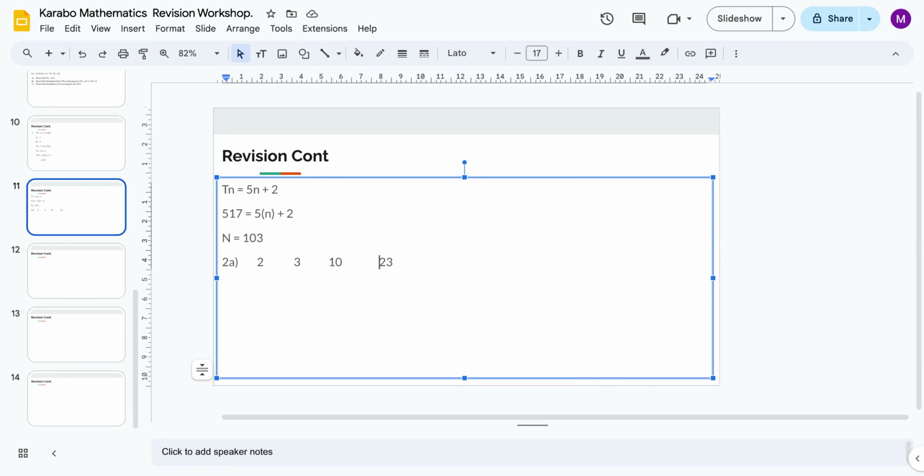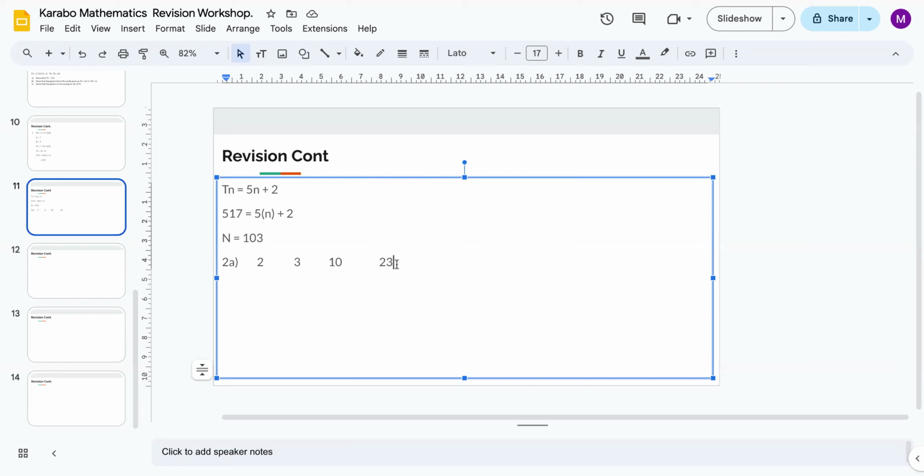Everything you will need with any question related to quadratic sequences will come from looking at the terms they give you, the first differences, and the second differences.